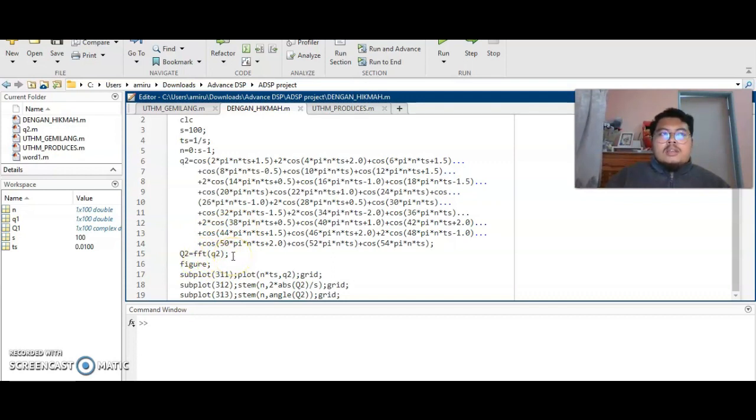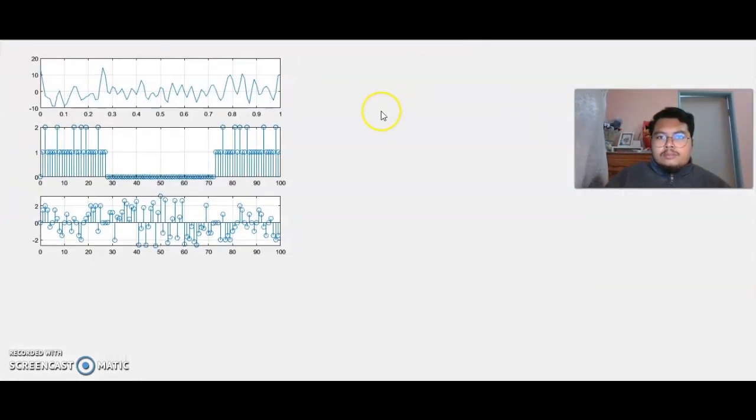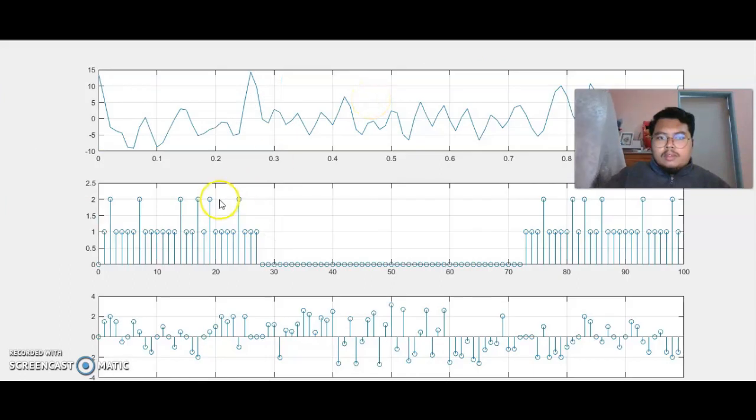This enables us to have a better view of the signal for the discrete type of sampling. If I run this code, this is the signal for the second words. The highest magnitude we get is 2 and the lowest is 1.